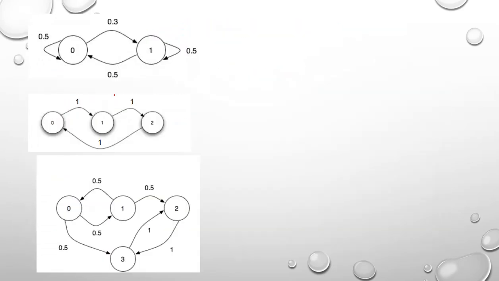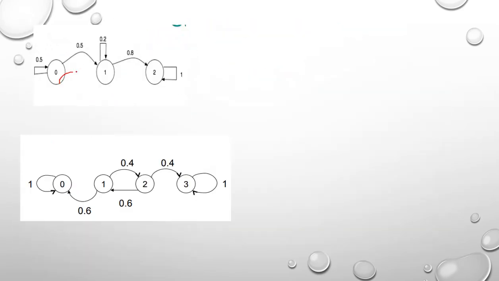See this question. 0 to 1 and 1 to 2 classes are there. By observing, we say that it is a reducible chain. Then 0 is transient, 1 is transient, and 2 is persistent, because from 2 to 1 there is no step.